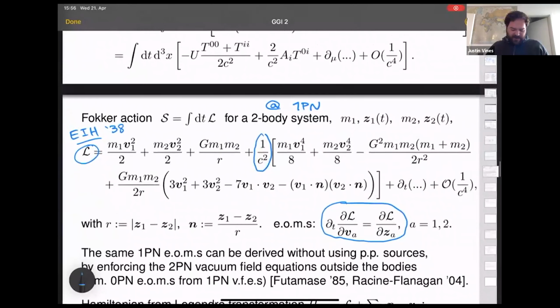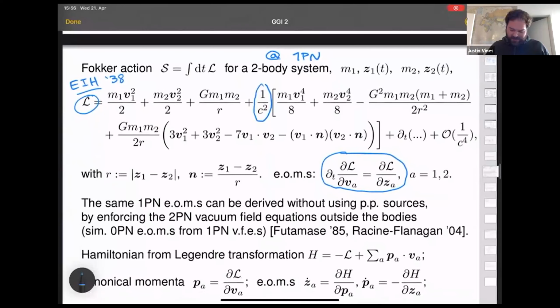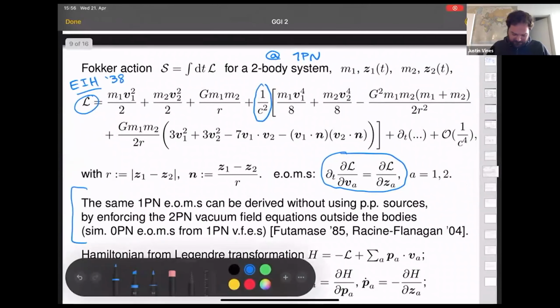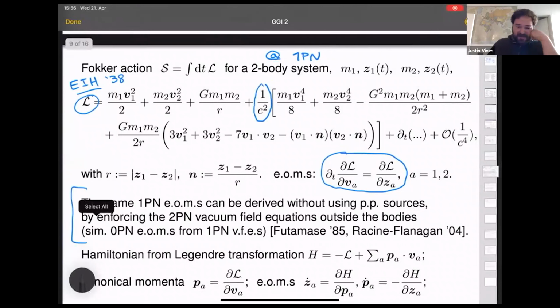I'm making this comment: if you were not comfortable with point particle sources, it turns out the same equations of motion can be derived without resorting to distributional sources by enforcing the second post-Newtonian vacuum field equations outside the bodies.